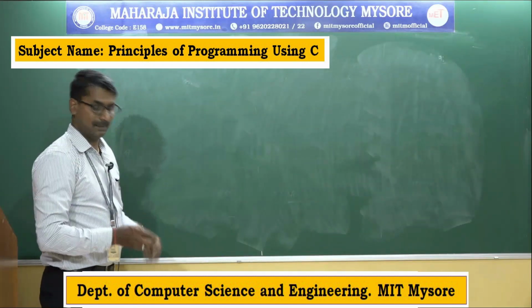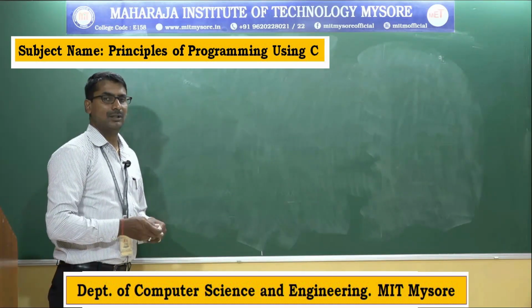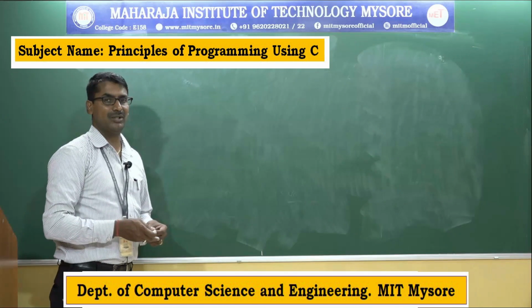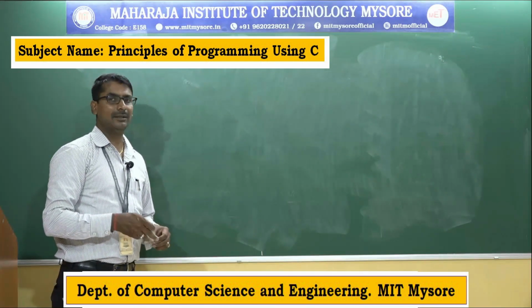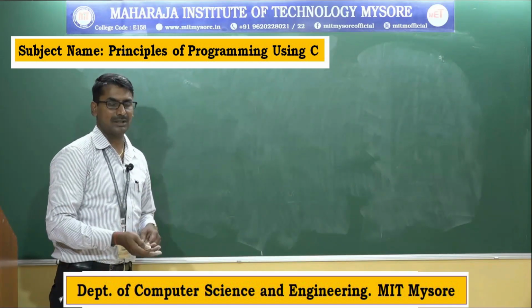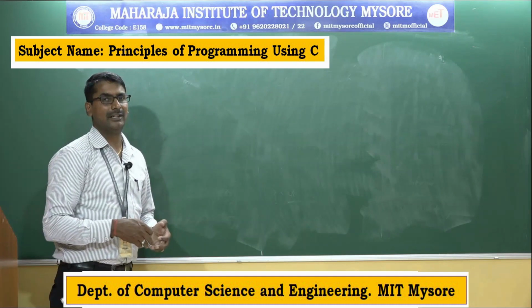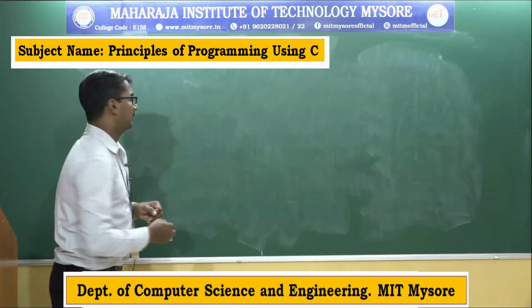Let's consider one example program. The program is to find the sum of positive numbers. We need to enter n numbers. From the n numbers, if it is a positive number, we find the sum and average. If it is a negative number, then we need to skip from the program.